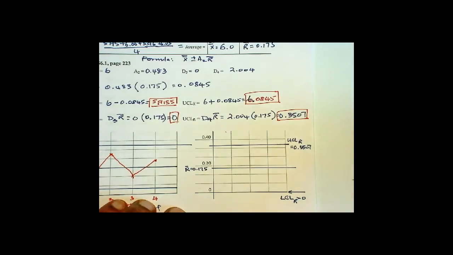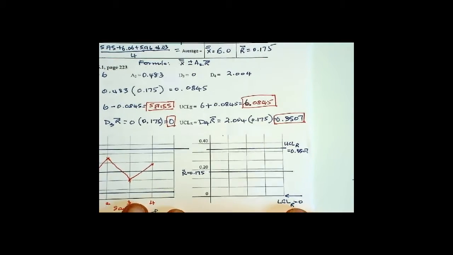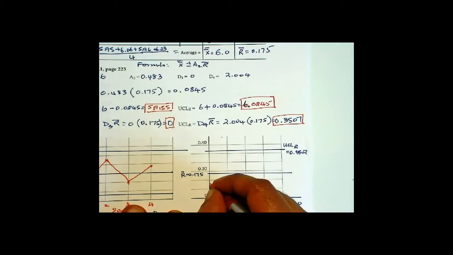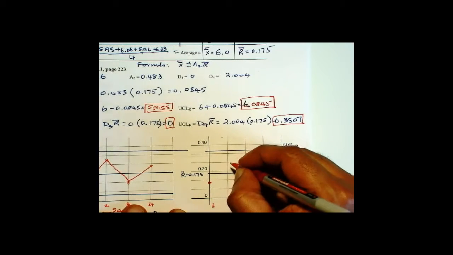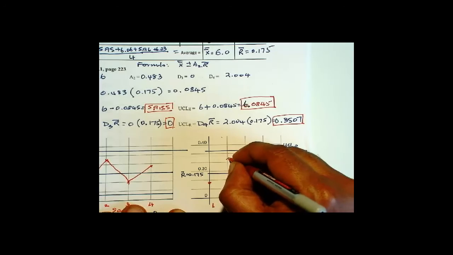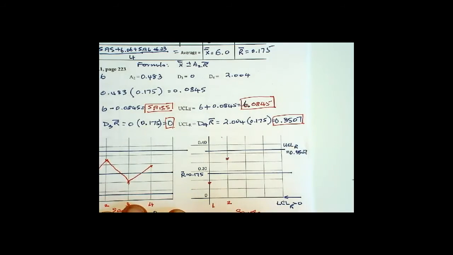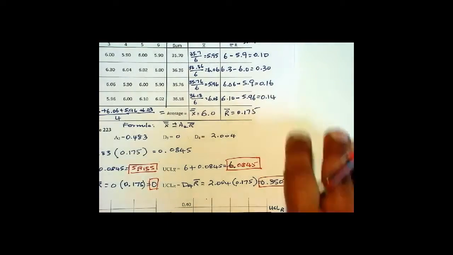Okay. So now we plot the R values. The first one is 0.1, the first sample. The second one is 0.3, it's about there. 0.16 is the next one.